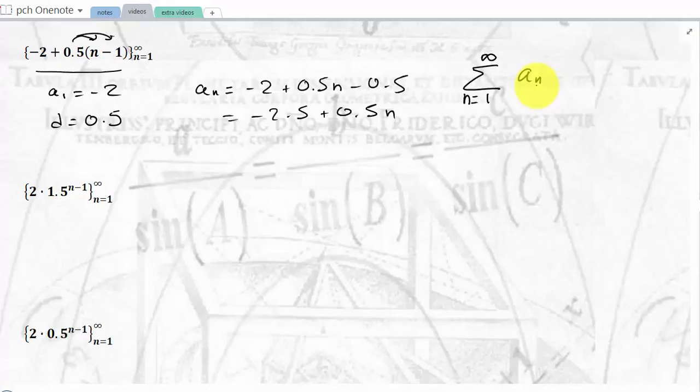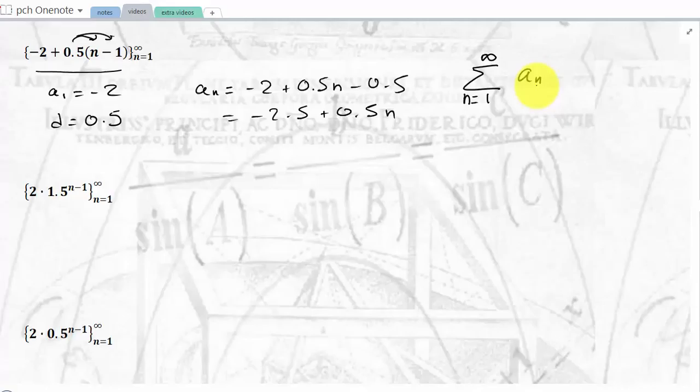Now, I'm asking you to tell me if the infinite sum, actually let me take n this time, of all these an is finite, if it has a limit or not. Now, in class, we've already answered the question after the first video, and we know it is pointless to look at an infinite sum of terms coming from an arithmetic sequence because you're adding the same constant from one term to another.